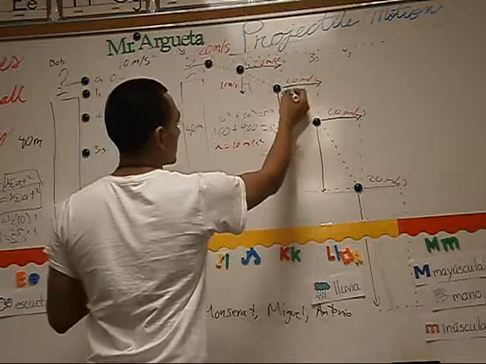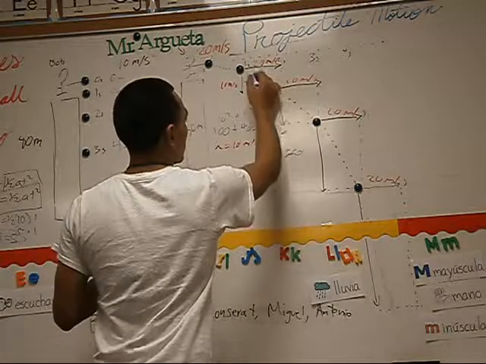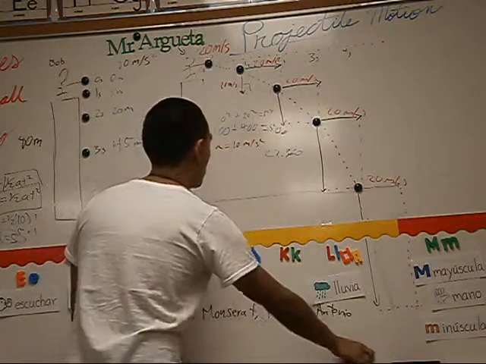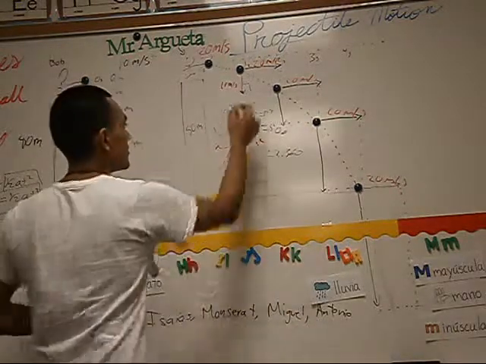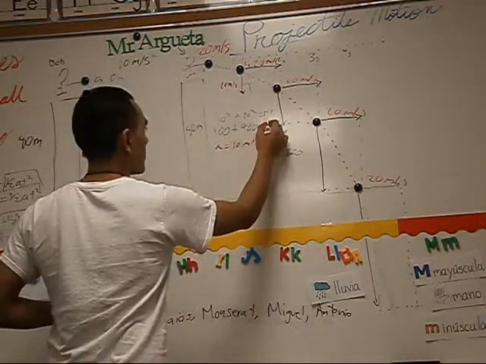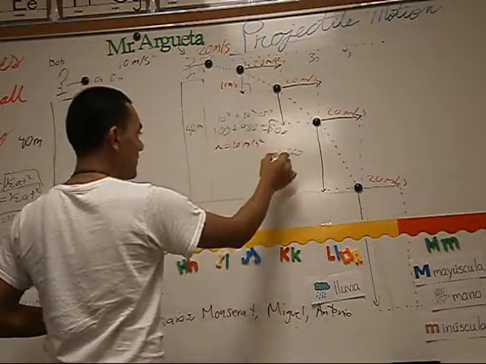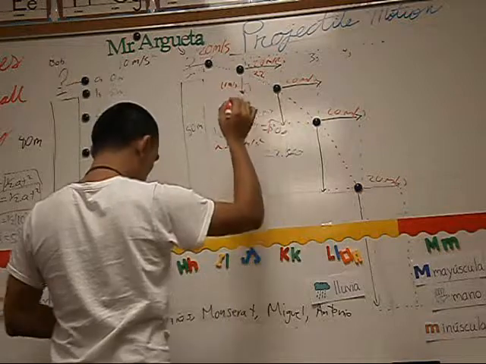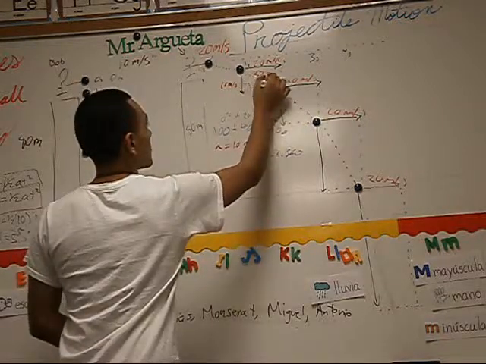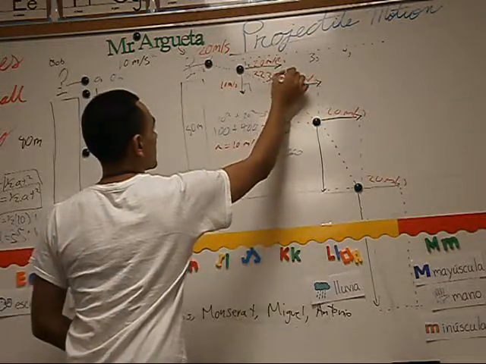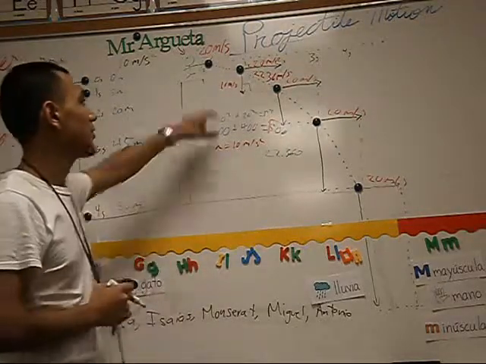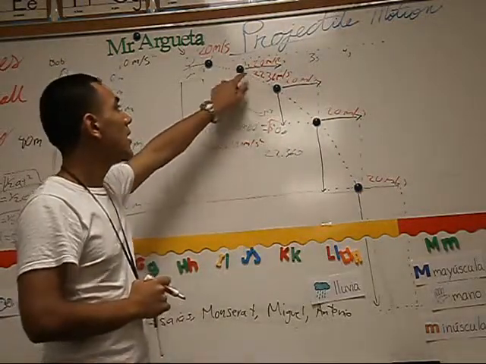So the resultant is 22.36 meters per second. That's what we get for the resultant at 1 second.